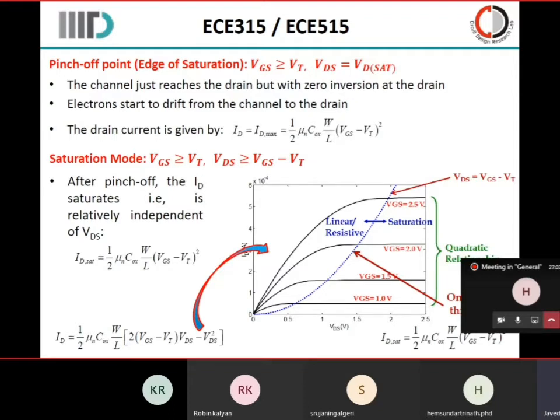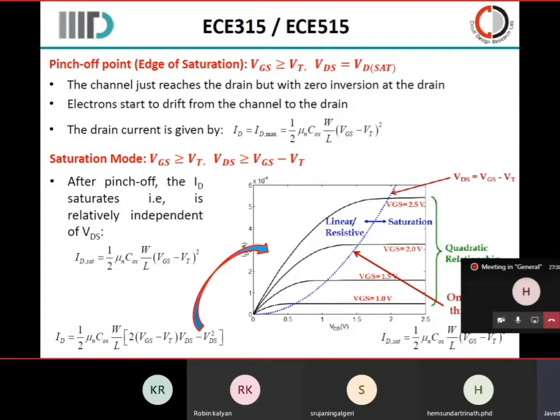That means there is no inversion layer. Slowly the electrons start to drift from the channel to the drain, right? Then the drain current is given as ID equal to ID max, which is half mu n Cox W by L, VGS minus VT the whole square. This is at the edge of saturation.